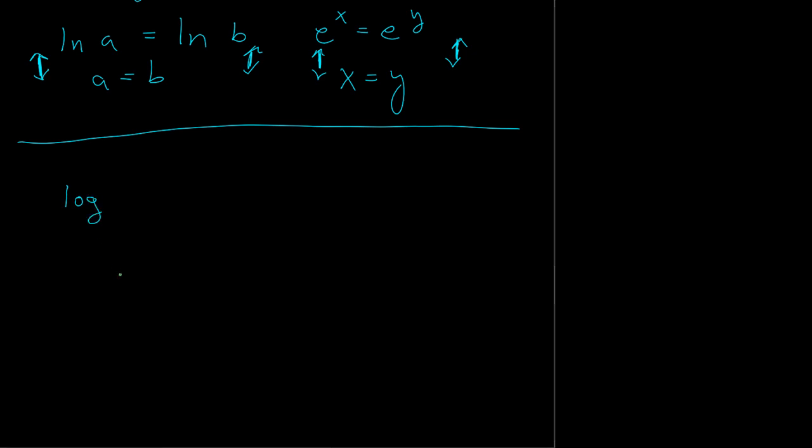I have a log base 10 of x squared plus 1 equals, get my equal sign in the right place, 2. Now I have an x squared plus 1 stuck in this logarithm. So I need to get it out.